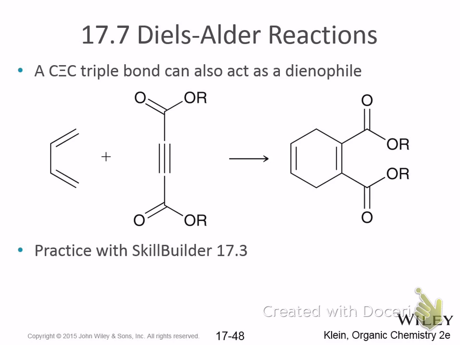Triple bonds can also act as the dienophile, again with the electron withdrawing groups on it. The electron withdrawing groups here have to be in the plane with this molecule, because what happens is when this bond forms, only one of the pi bonds reacts and the other one stays. So in the mechanism for this, you would draw it like this. The bonds that you form are here.